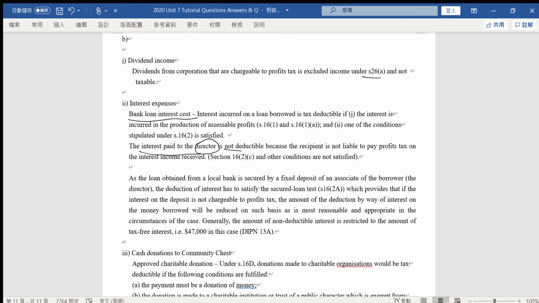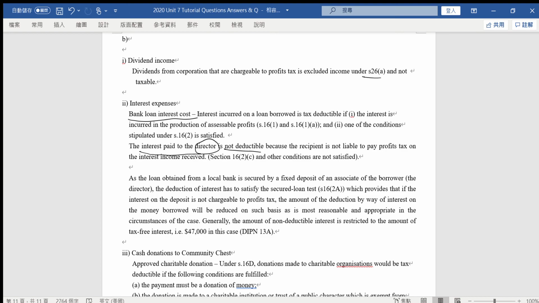Not deductible because the director receiving the interest will not be taxable. That's why it doesn't fulfill the security loan test, the amount will not be allowed to deduct, and none of the 6 conditions are fulfilled either.